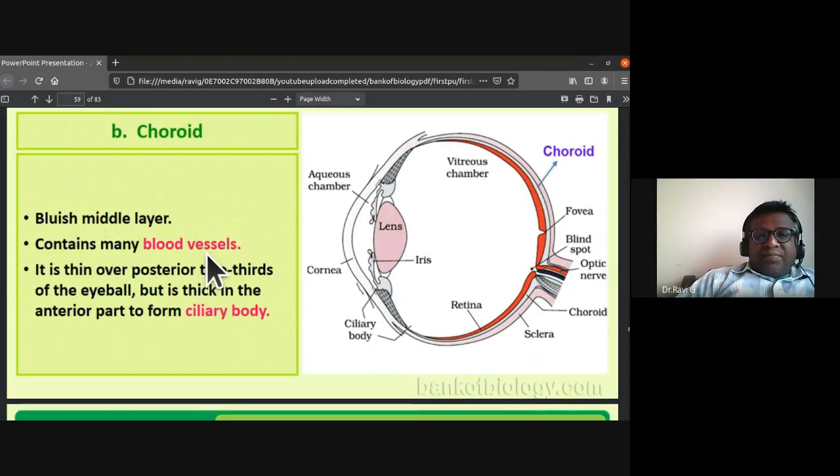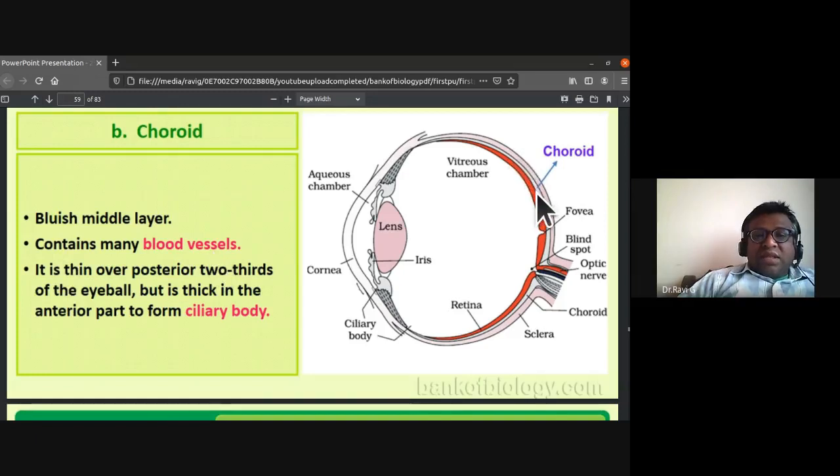The bluish middle layer is the choroid. It contains many blood vessels.